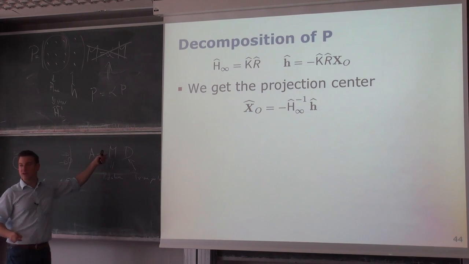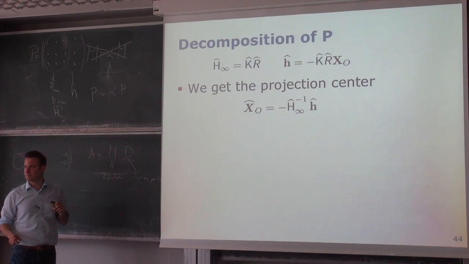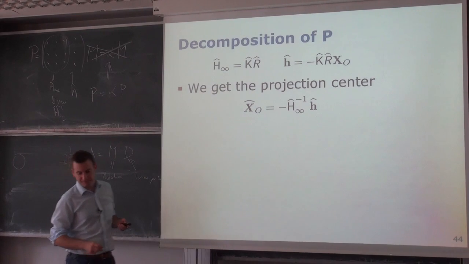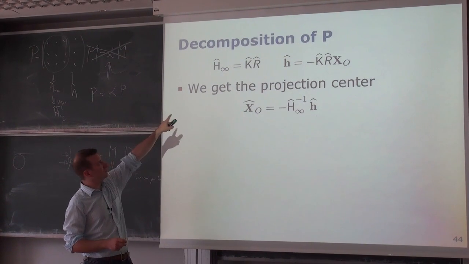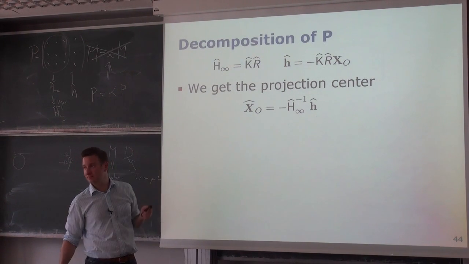So this is what I have: rotation matrix, triangular matrix. My matrix H, however, is the other way around.